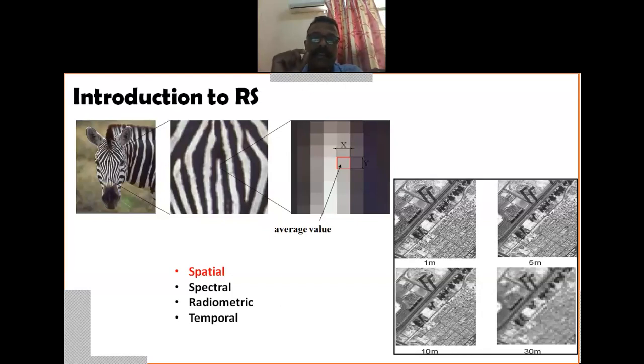This is known as gridded information. Why gridded? Look at the floor. Many people have floors made up of tiles nowadays. Just like the tiles, one piece of tile is one pixel.